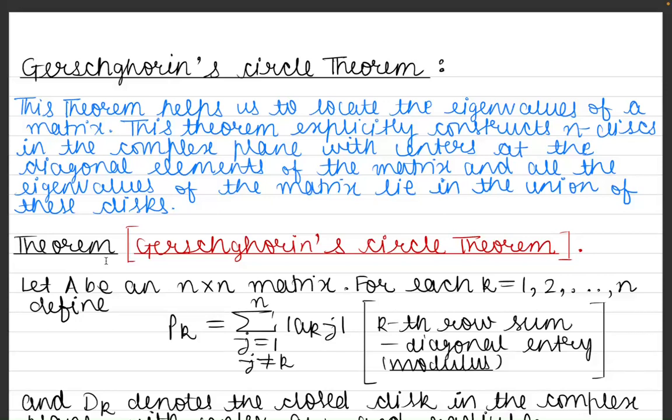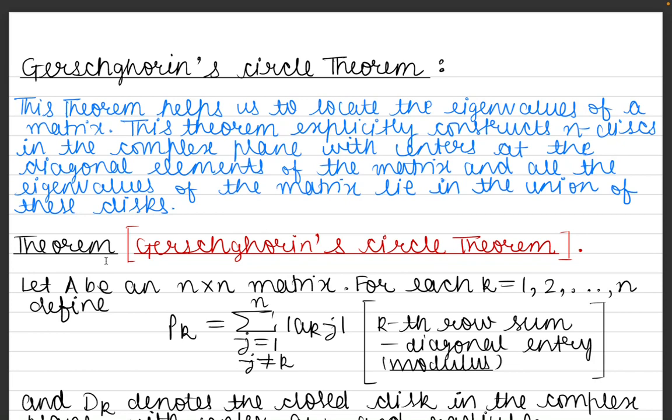And the disks are nothing but you just fix, for example, the first disk will be given by you add all the absolute sum of the first row except for the A11 entry. So that will be your radius. And A11 itself will be the center. For the second disk, you go to the second row, you add all the absolute values of the entries in the second row except for the A22 entry.